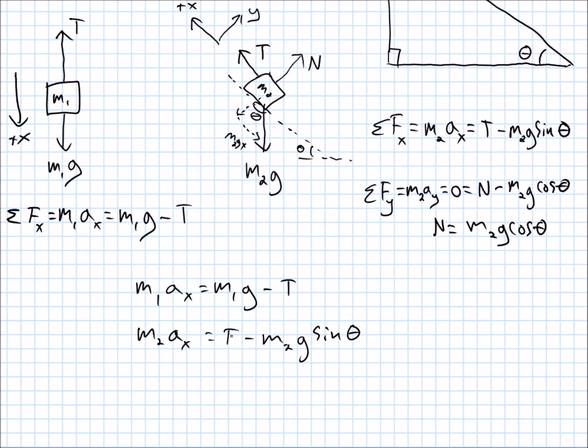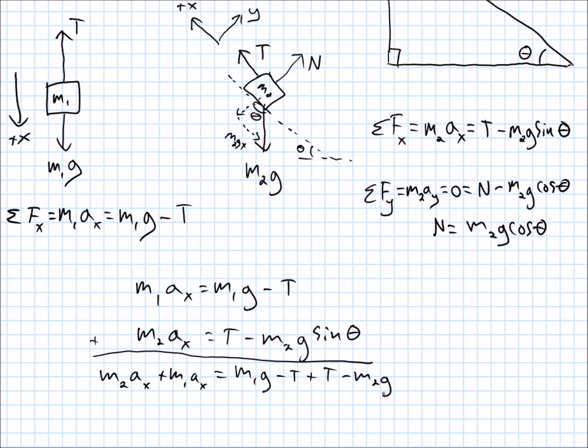To solve this equation for the two unknowns, I'm going to use the method of addition, which usually works nicely in Atwood's machine problems. If I add them up, I get M2a_x plus M1a_x is equal to M1g minus T plus T minus M2g sine theta. Negative T plus T is gone.